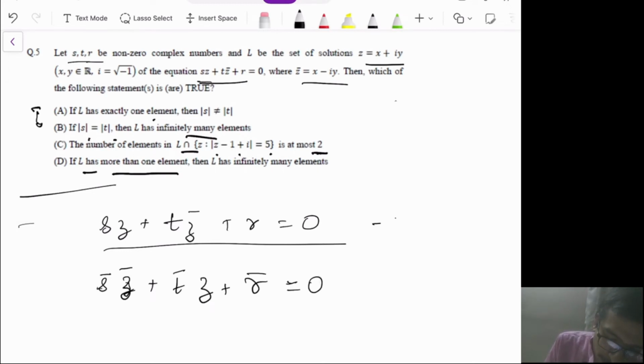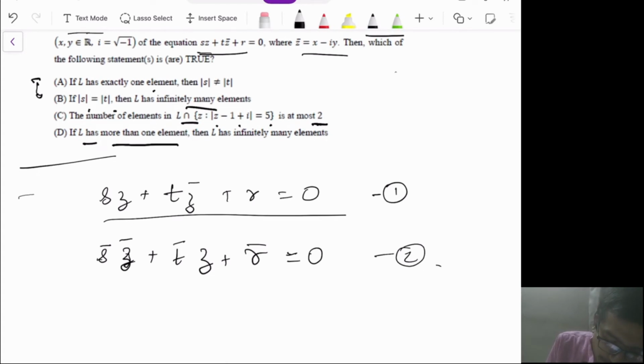So now I have 2 equations, right? And in order to solve them, actually I have 2 variables also, z and z bar. So I have 2 variables and 2 equations. So let's see if we can solve this. Suppose I want to eliminate z bar, then I need to eliminate the t z bar term and the s bar z bar term.